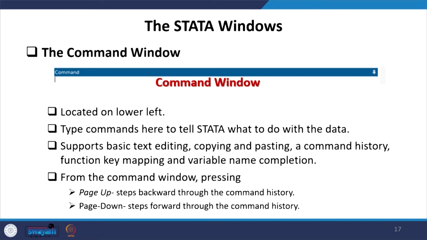So, the next important aspect in STATA as a starting point of STATA handling is the STATA windows. We have already mentioned the command window. What does it indicate? In the command window, we give all sorts of commands, like writing commands for regression or even logit or tabulation, maybe describe, maybe summarize, all those things we can do through the command window, which is usually located at the bottom, but you can also drag it to your convenient position.